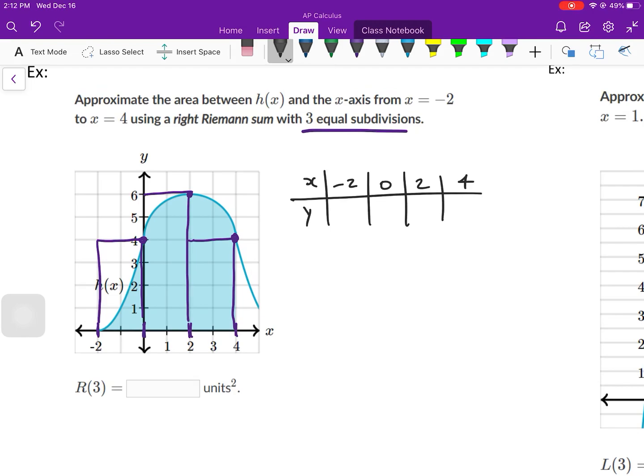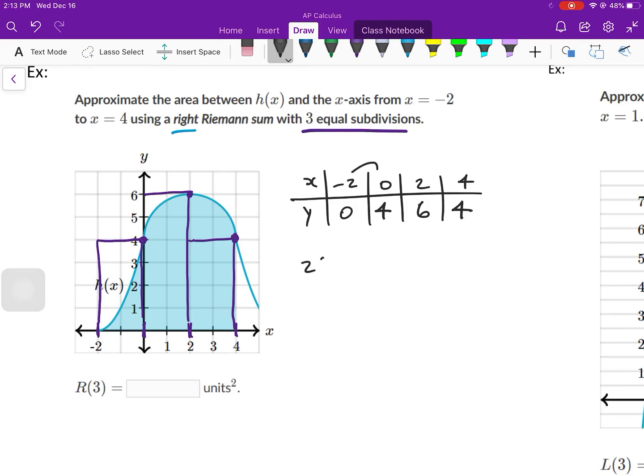So if we plug in a -2, we get 0. Not that we need it because we're doing a right Riemann sum, right? So it's not like we really need it. Then we plug in a 0, we get a 4. Where am I getting this? I'm looking at the graph. When x is -2, our output's 0. When x is 0, our output's 4. When x is 2, our output is 6. And when x is 4, our output is 4. And then we're going to use the right 3.